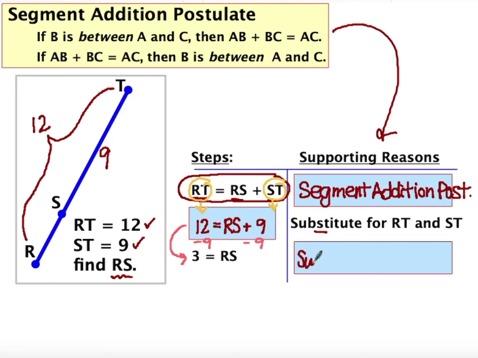It's called the subtraction property of equality. And that says that an equation stays balanced if you subtract the same thing from both sides. So that's just a fancy way of showing our thinking in math and using the segment addition postulate at the same time.